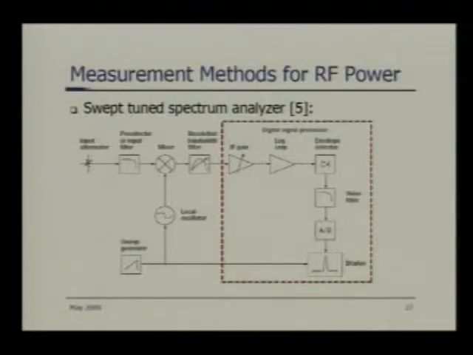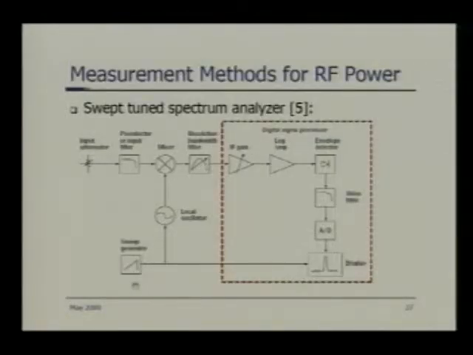So if I say that the resolution bandwidth is say 3 kilohertz, it takes the 1.5 gigahertz signal, passes it through the filter, so you get a very sharp, say 3 kilohertz peak out of it, and that peak is swept from 1.5 gigahertz minus 1 megahertz to 1.5 gigahertz plus 1 megahertz, right? Because that is a sweep generator. So that is swept and that comes to the baseband, and we do the processing and finally we display it.